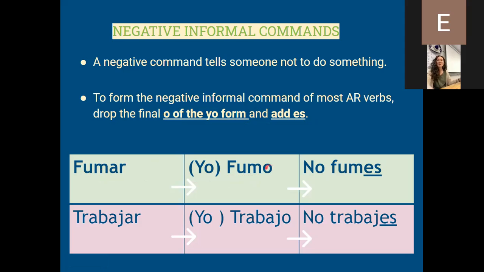I would drop this O and replace it with an ES. And you also add no to the front of the verb. So no fumes is don't smoke. Another example, trabajar. The yo form is trabajo. You drop the O, add an ES, and put a no in front. So we have no trabajes, don't work.